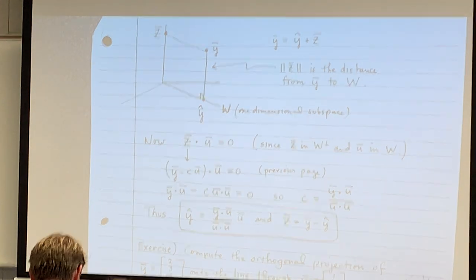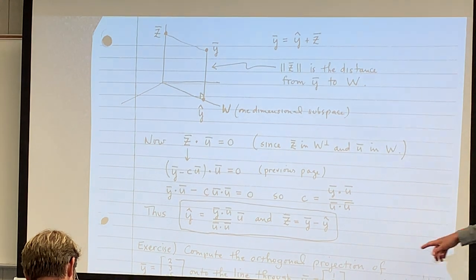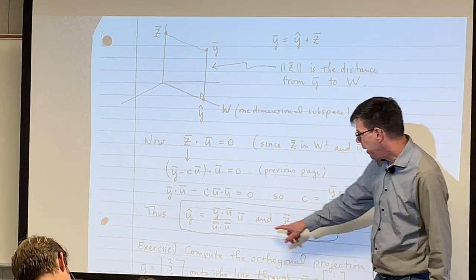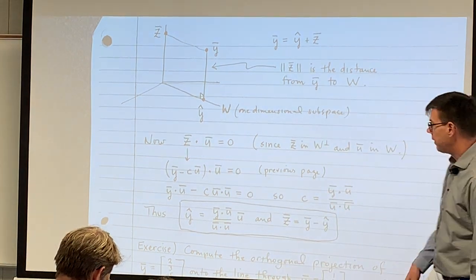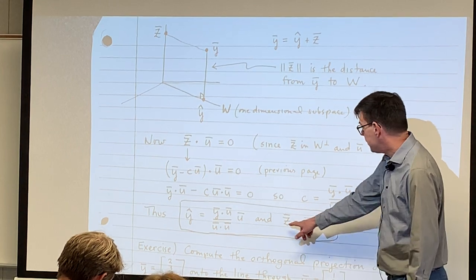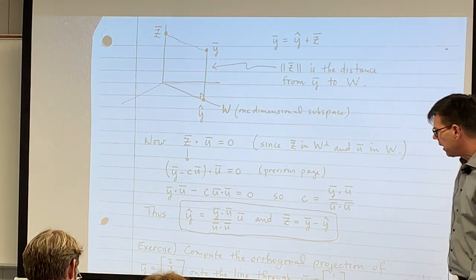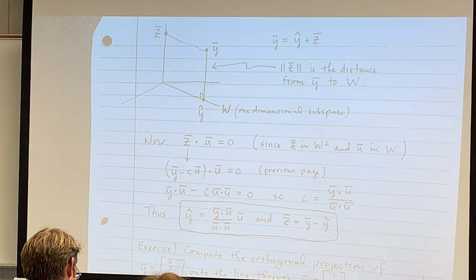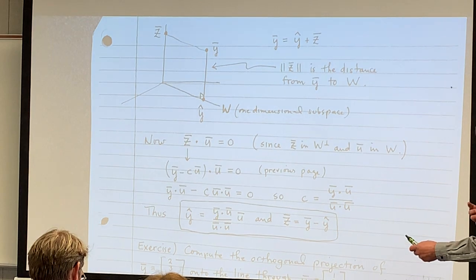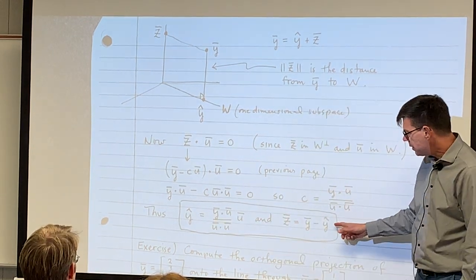We can just define z to be y minus this y hat vector. And then conveniently, if you add z and y hat together, we're going to get y. And I realized, again, this morning as I was looking at this, it looks like we got our c times u for y hat, and here's our z.